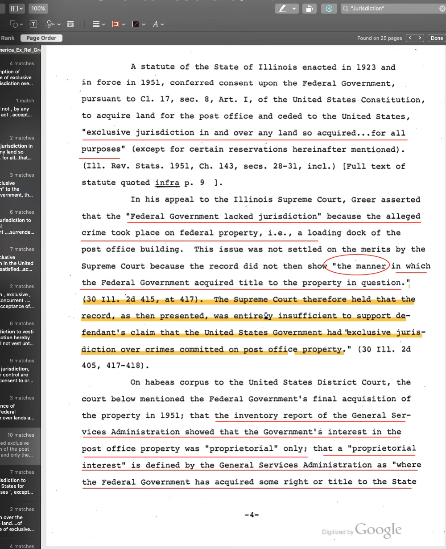Because remember, Article 1, Section 8 says in all cases arising on the lands, meaning the seat and the lands purchased. But those are supposed to be for defense purposes. So the post offices, when used for defense purposes, would have to be on military reservations.